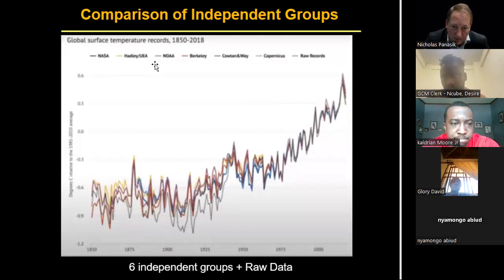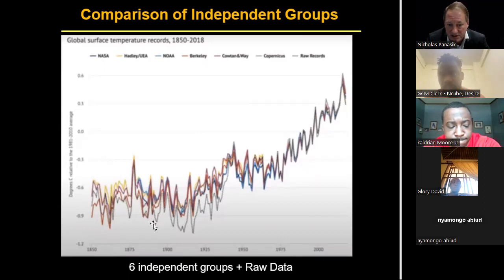NASA, NOAA, Berkeley, Copernicus, a variety of different groups, large teams working on the data, making those adjustments to then filter out any problems in the data.